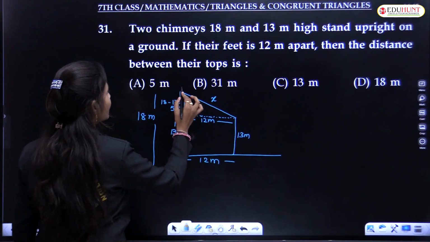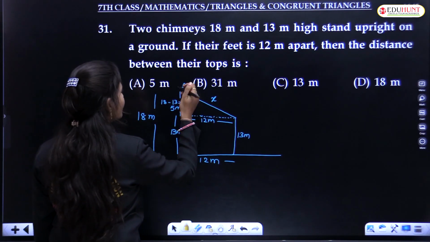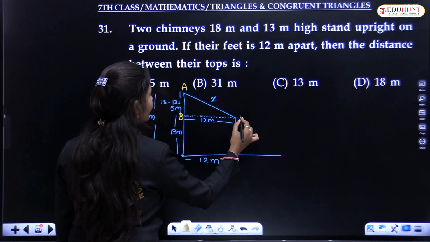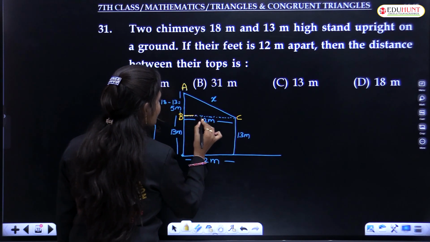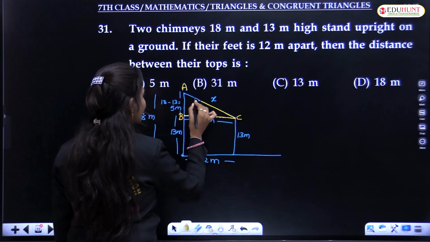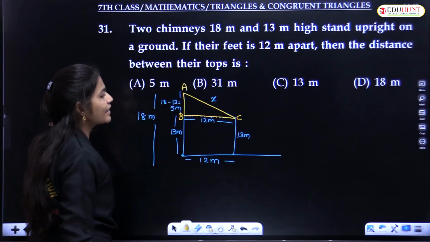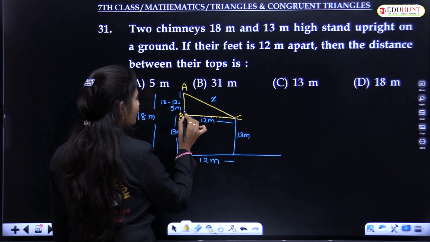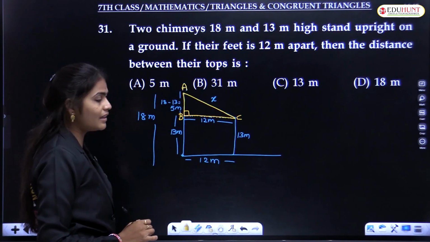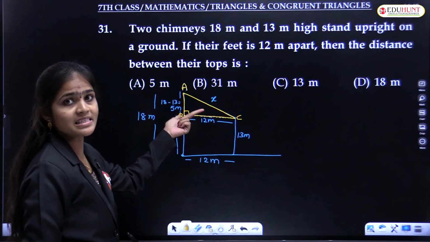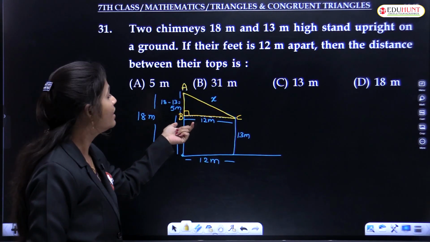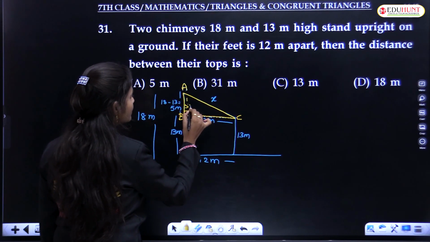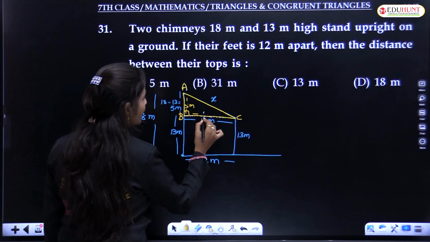Children, here we can observe this is A, this is B and this is C. So we can observe a triangle, the triangle ABC. When you observe this, we have a 90 degrees angle. By observing the diagram we can say that it is a right angle triangle. So this side is 5 meters, and this is 12 meters.